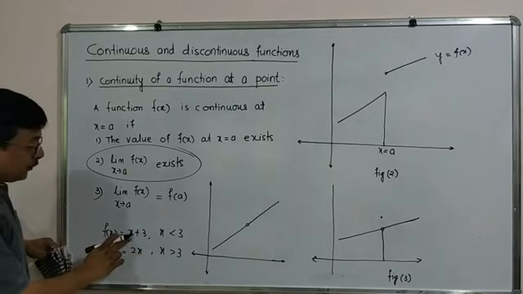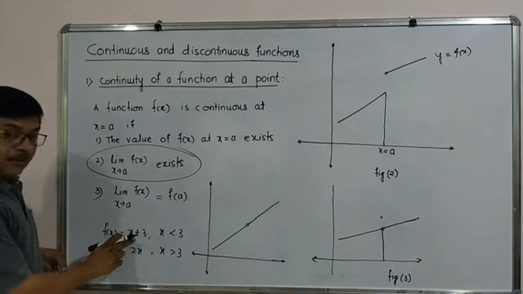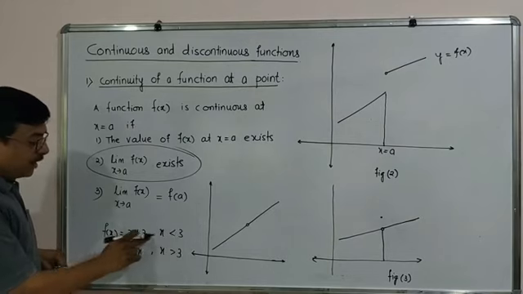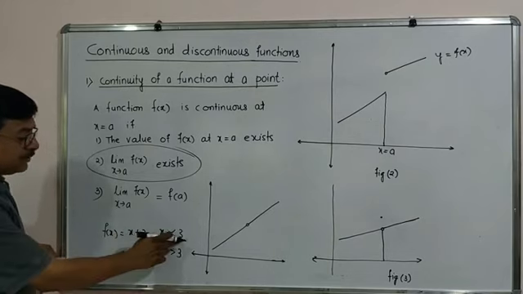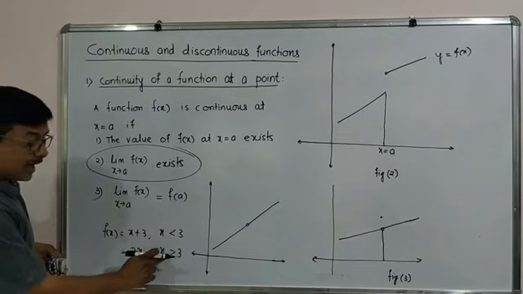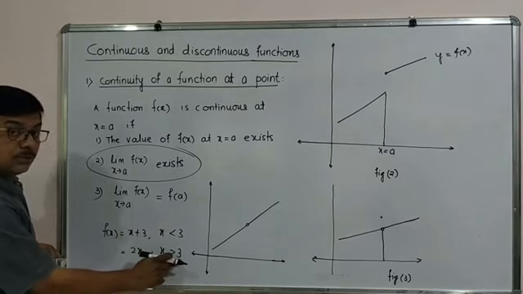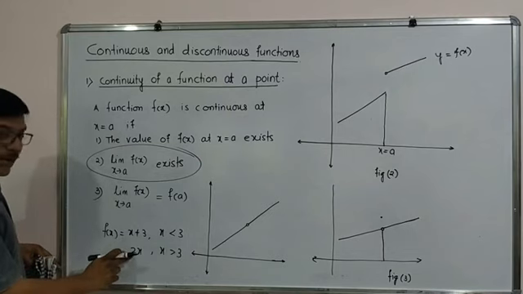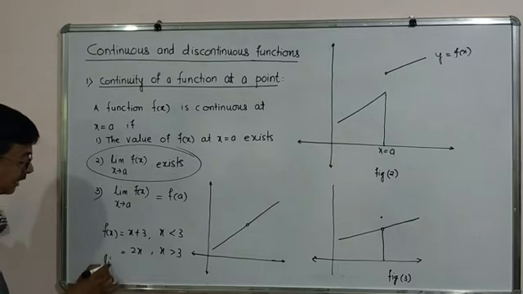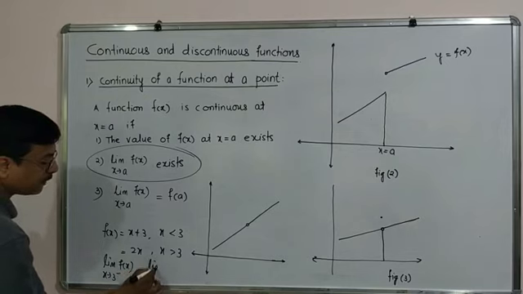If you find this limit at x tends to 3 minus and 3 plus, then for x tends to 3 minus we get 3 plus 3, that is 6, and for x tends to 3 plus we get 2 into 3, that is 6. Here we can observe that limit of f of x as x tends to 3 minus is equal to limit of f of x as x tends to 3 plus.